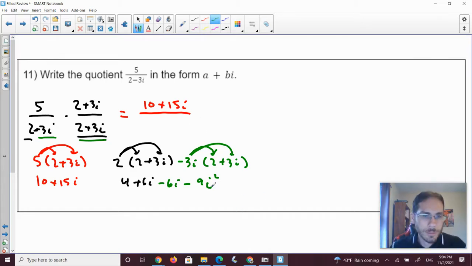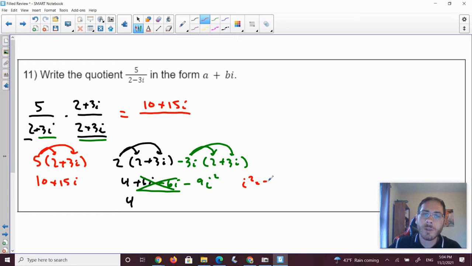All right, so unlike the one before it, this time these two things better cancel out because that's the whole point of doing this is to get rid of these i terms. So 4 is good. This plus 6 and this minus 6, every single time on this question and whenever you're dividing, those things should cancel out. I see I've got an i squared in there again.